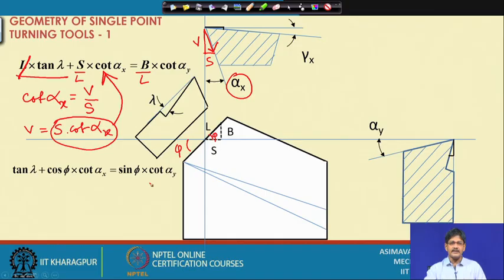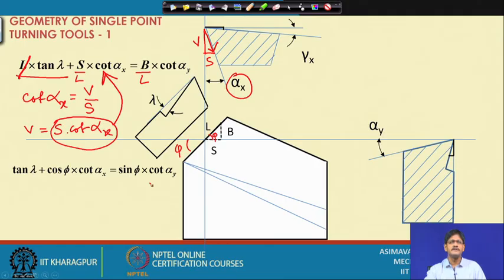At this stage we understand that there is a relationship existing between rake angles, and there is a relationship existing between the inclination angle and the clearance angles.